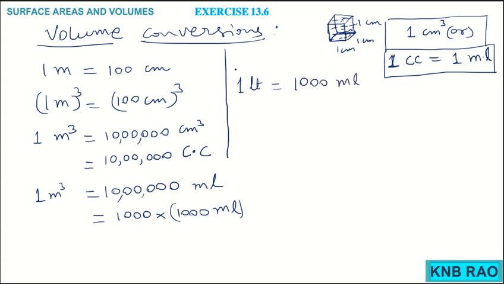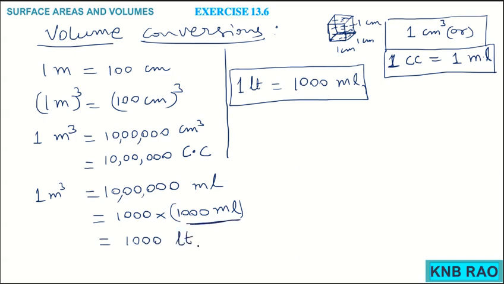You might have seen when you buy milk or oil, the quantity is written on measuring jars. If you are purchasing half a liter, 500 ml is written on that. So here, instead of this 1000 ml, I will substitute a liter.